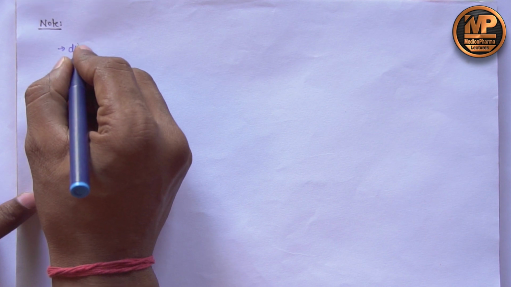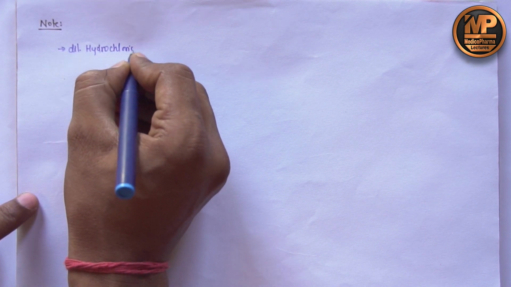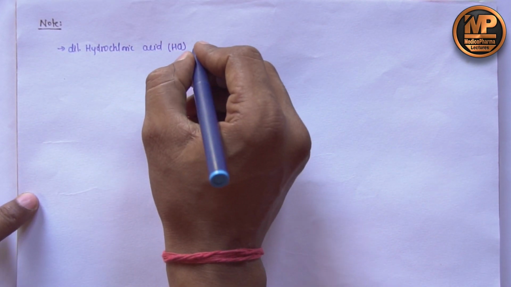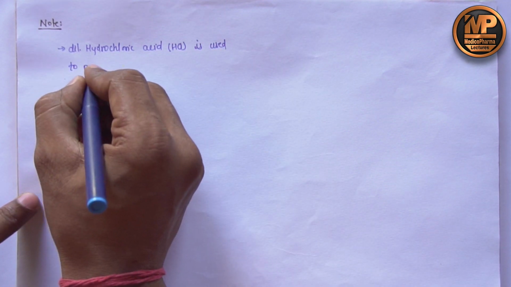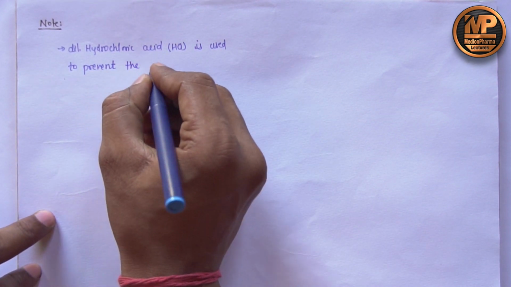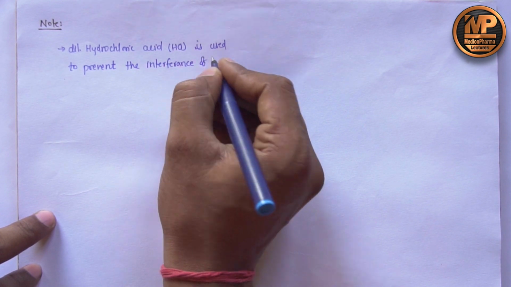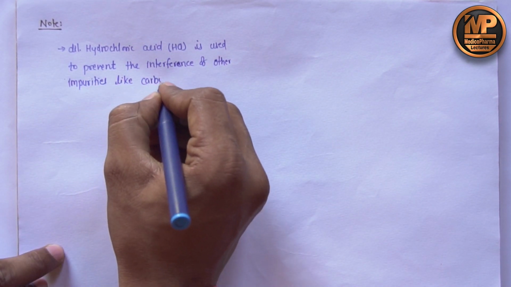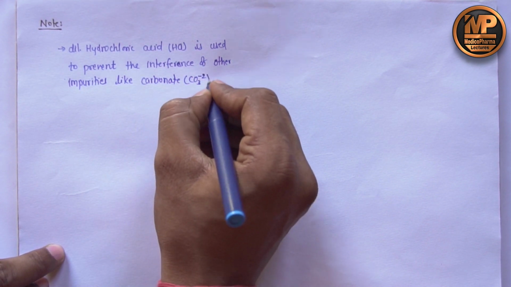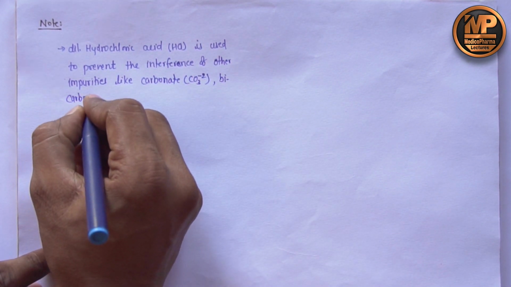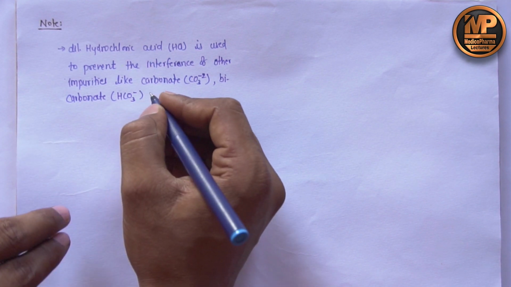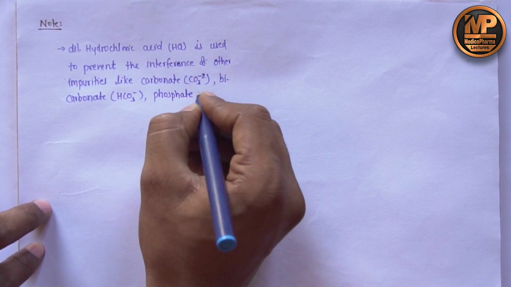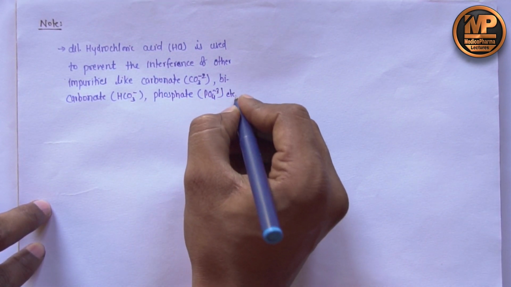Okay. So dilute hydrochloric acid HCl is used to prevent the interference of other impurities like carbonate CO3 2-, bicarbonate HCO3 -, phosphate PO4 3-, etc. Okay.